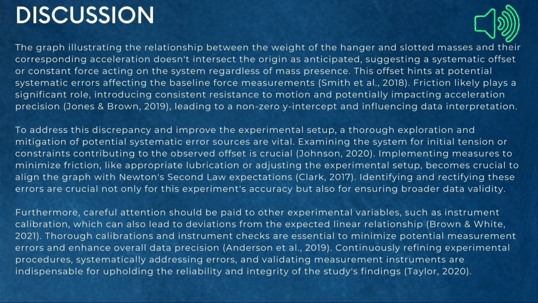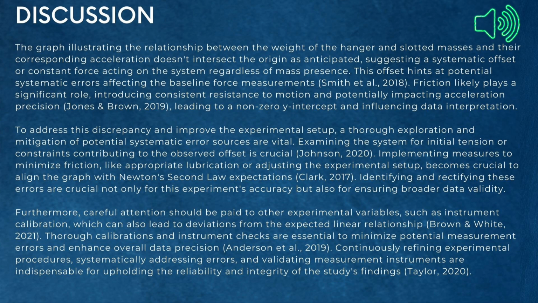For discussion, the graph illustrating the relationship between the weight of the hanger and slotted masses and their corresponding acceleration doesn't intersect the origin as anticipated, suggesting a systematic offset of constant force acting on the system regardless of mass present.